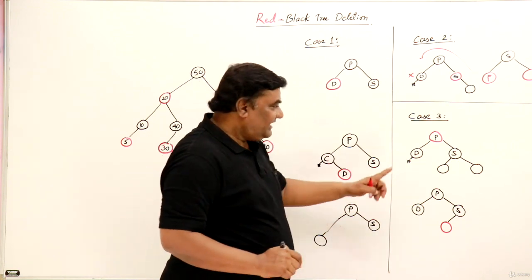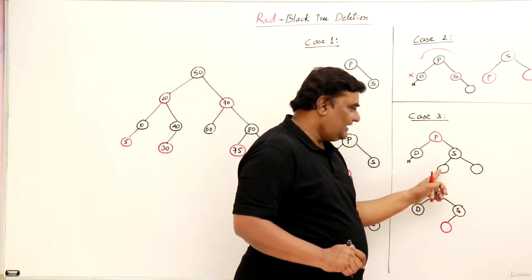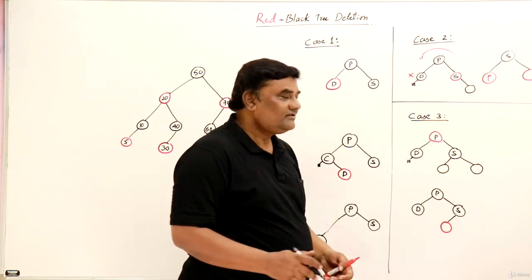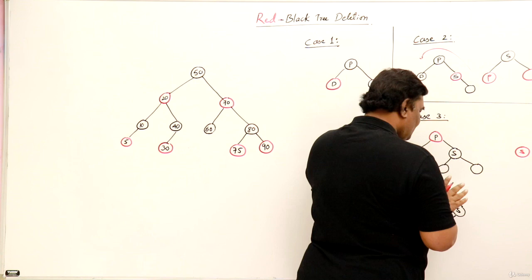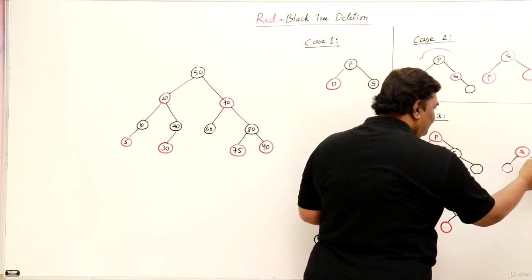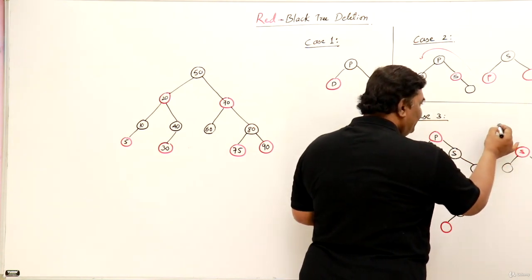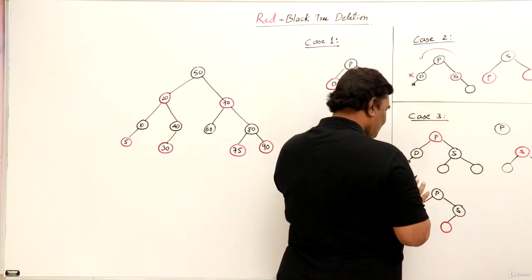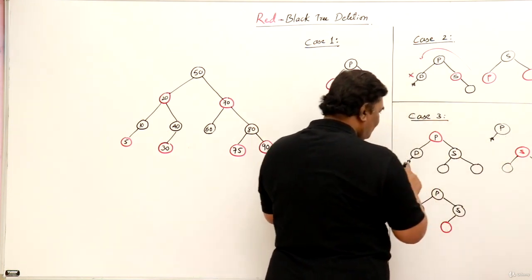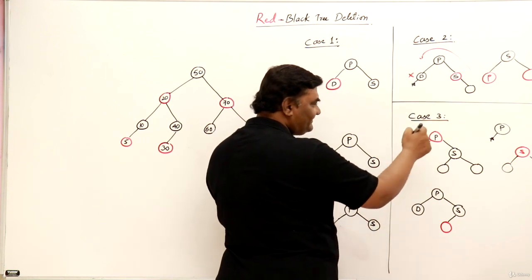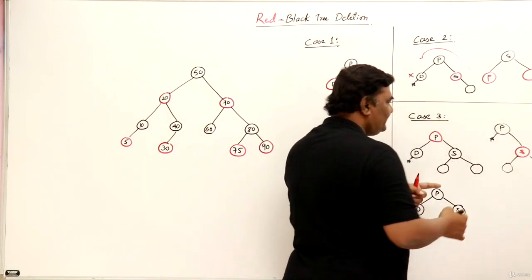If both the children are black, then simply change the color. How to change the color? You make the sibling red, let these children be black only, and make the parent black. The deleted node has gone, and its child, that is null, has come here. This is how to change the colors.